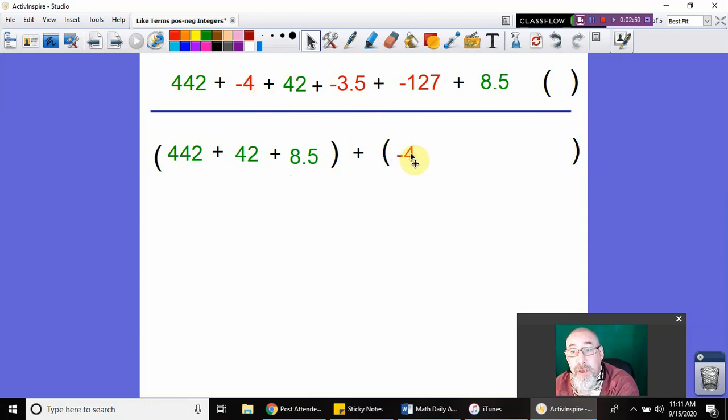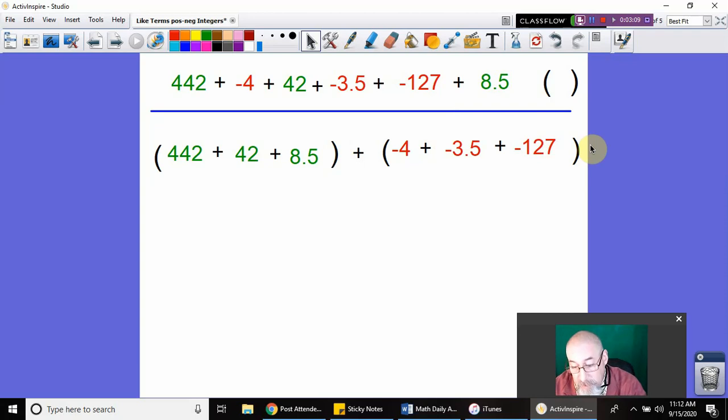That one didn't want to go. So I'm going to simply do this. And now at this point it becomes just adding. I add all my positive values together.